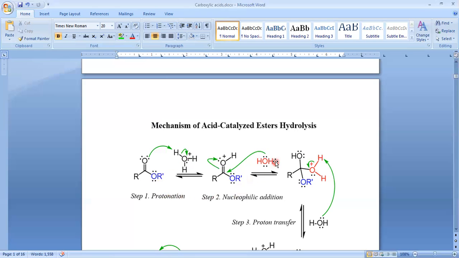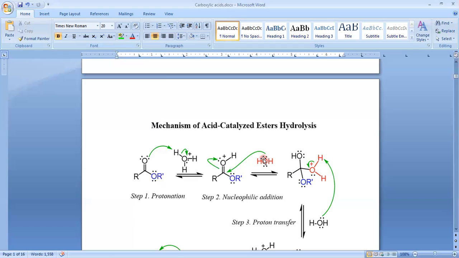Then what happens? This nucleophile, what is here? Water. Why? What is a nucleophile and what is an electrophile? Electron deficient, electron accepting species are known as electrophiles, and nucleophiles are generally electron rich centers, or they can donate electrons. In organic reaction mechanisms, every time a nucleophile attacks an electrophile.